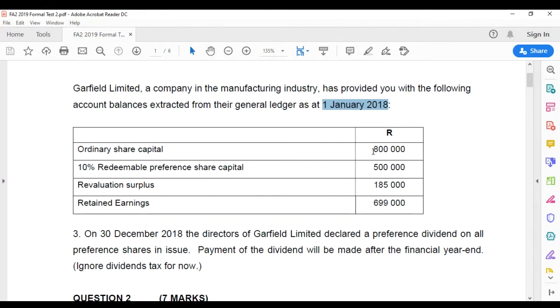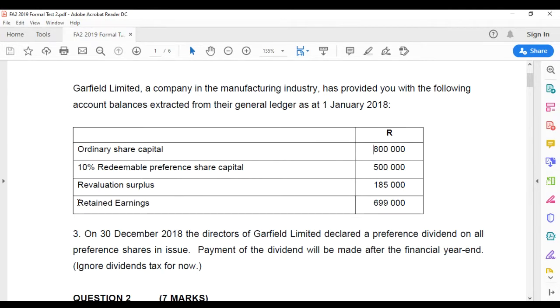So ordinary share capital of 800,000 rands, 10% redeemable preference share capital of 500,000 rands. There was a revaluation surplus of 185,000 rands already at the beginning of the year. So at some point prior to this financial year, a revaluation had already taken place.